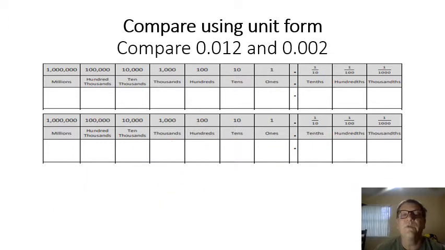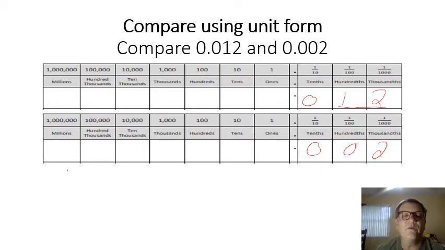Okay, next one. Now this one's a little harder. So I'm going to go ahead and write it in. And the second one being 0, 0, 2. Now, when you're reading decimal fractions, you want to read them like a whole number, then read the place value. So the top one here, as you can see, I got 12, but this is 12 thousandths.